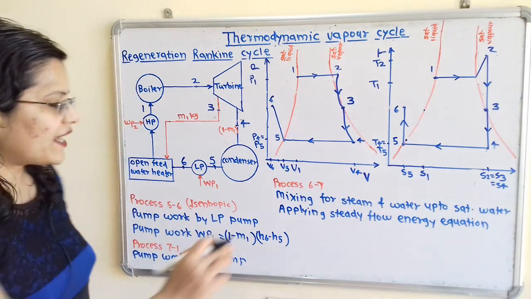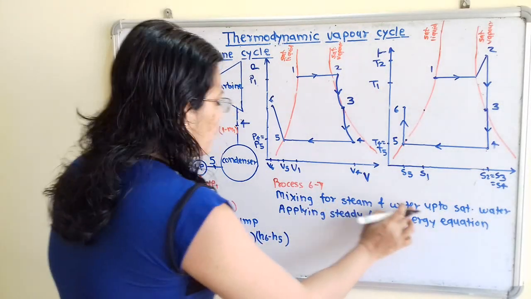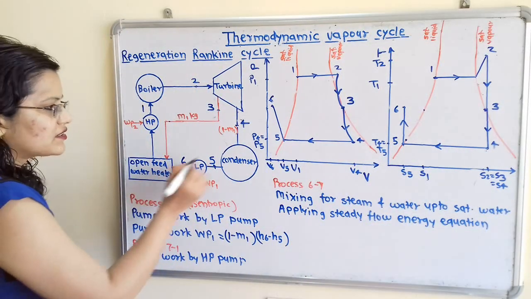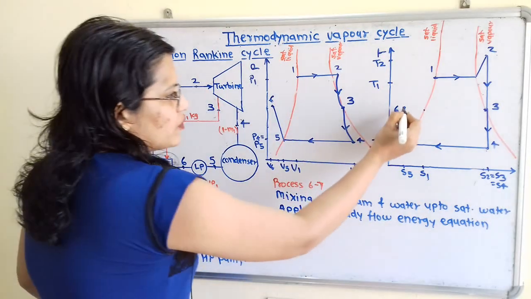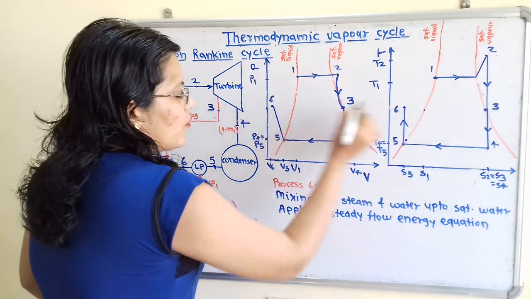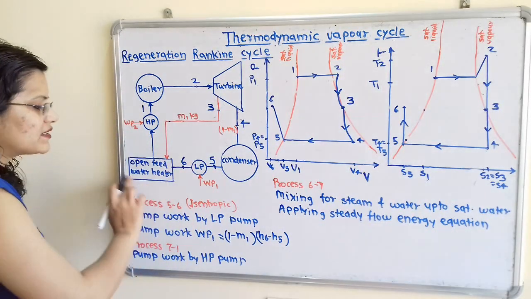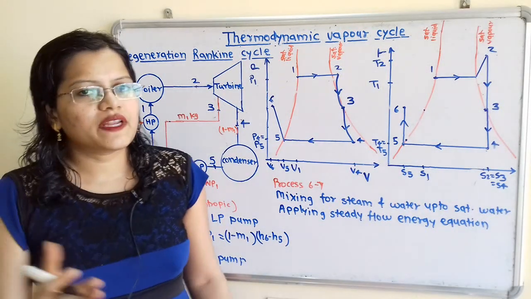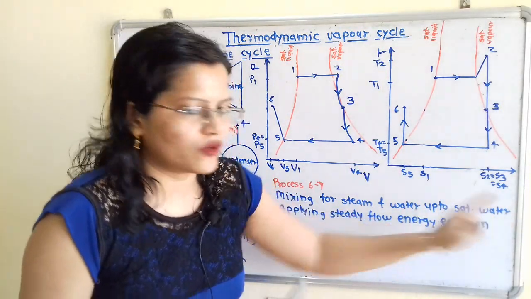So we have to write here mixing for steam and water, that is here is the water at point 6. So if we observe the location of point 6, the water at this point 6 is mixing, and the mixture will become saturated water.